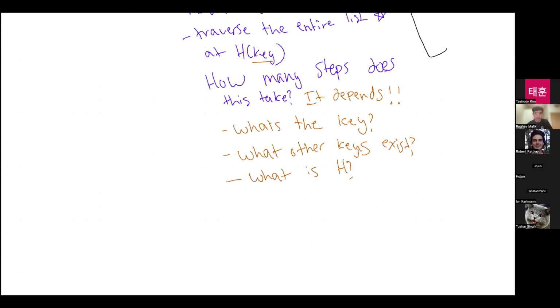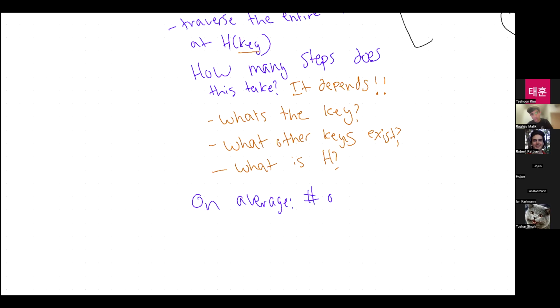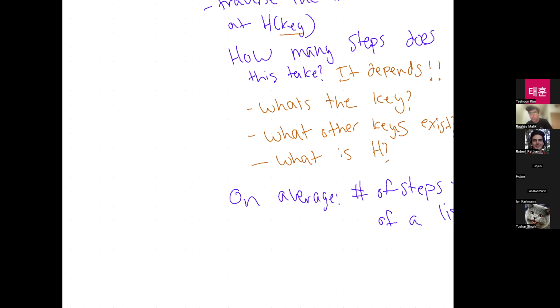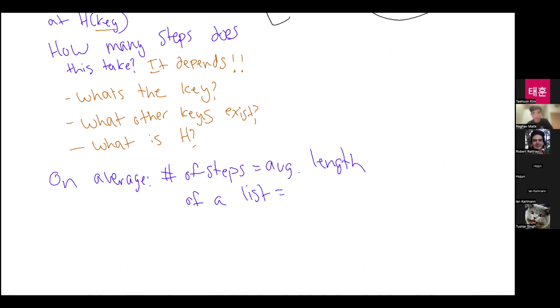So on average, the number of steps is the average length of a list, which, as Aryan and Robert mentioned, is the number of elements in the hash table divided by the size of the hash table.